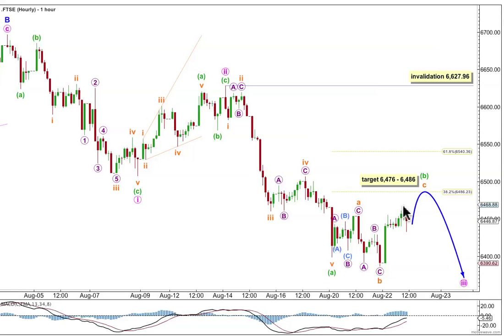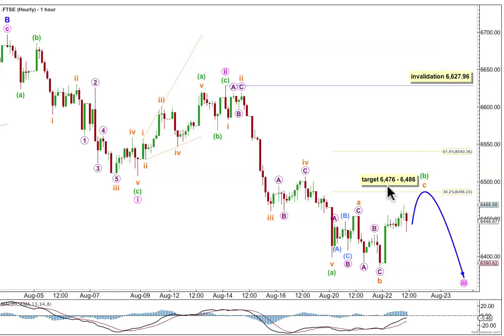It's possible that it's over here, that is just possible, but when I look at this structure on the 5-minute chart, it looks more likely that it's going to continue a bit higher. It doesn't subdivide very well at all. It's a 5-wave structure from this low to this high, so I'd expect a bit more upwards movement for it.